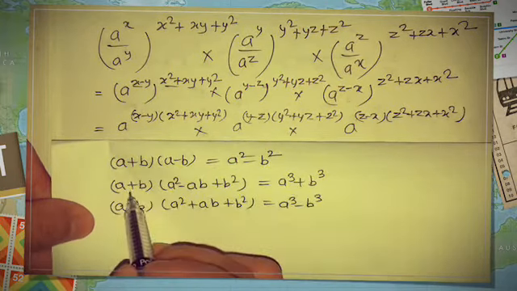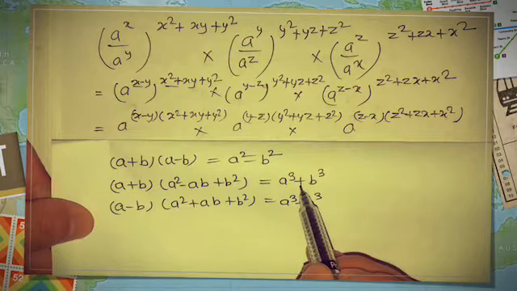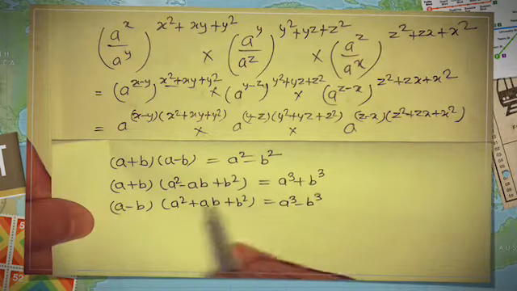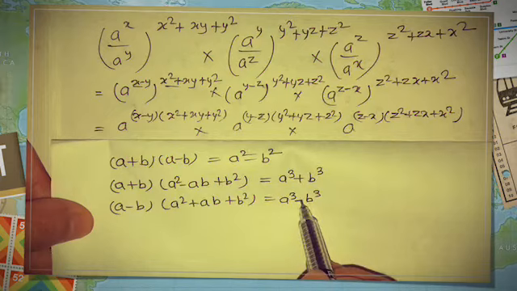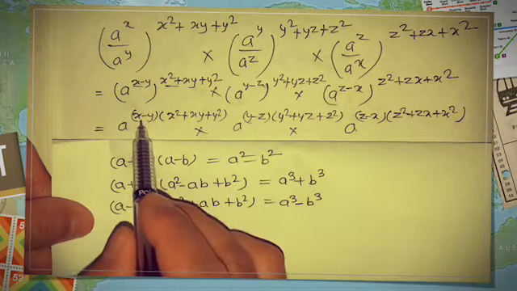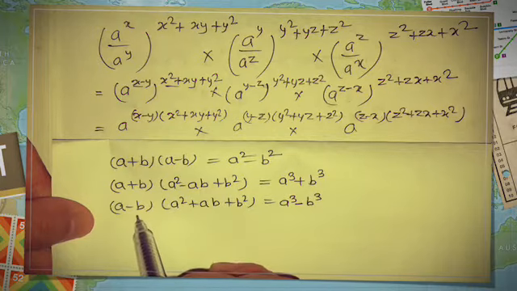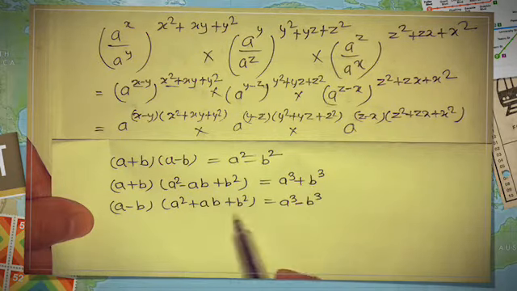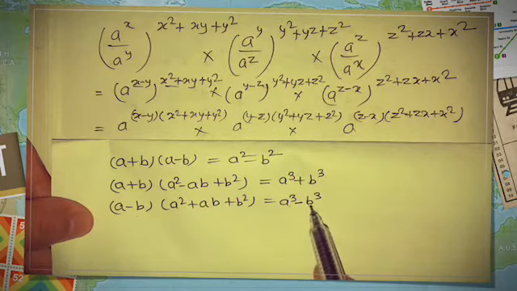Okay, when there is plus, then you have to use the plus formula. When there is minus, you have to use this minus. Okay, this formula you have to apply here. So we have x minus y, so we have to use this formula, and according to this formula we can write a cube minus b cube.